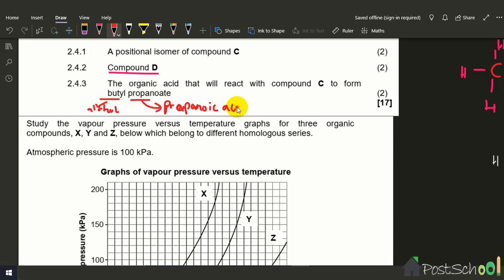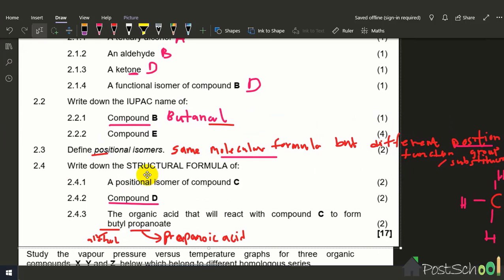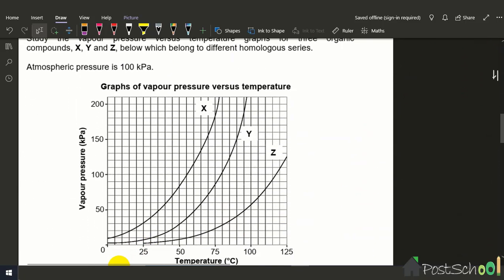The question is to write down the structural formula of propanoic acid.